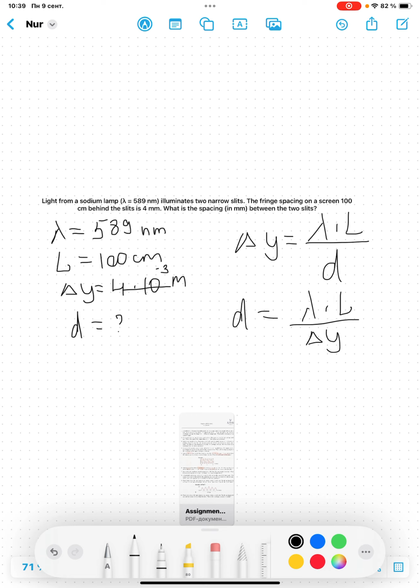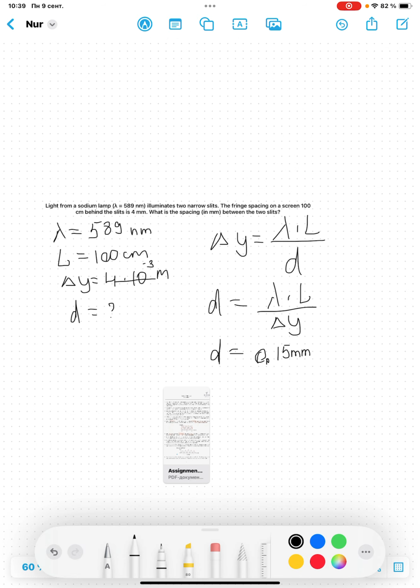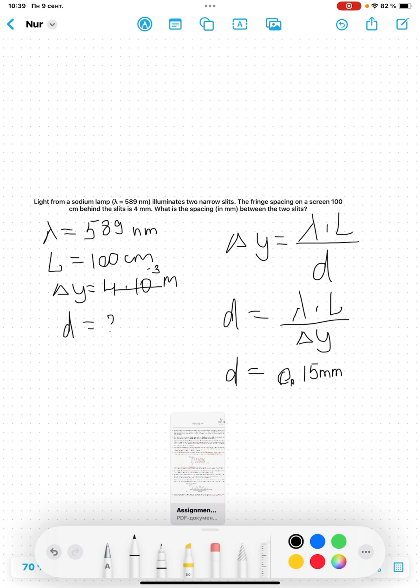As we already know delta y, L, and the wavelength, after putting in their amounts and calculating, we get the answer 0.15 millimeters. Okay, I think that is enough, and let's go to the next exercise here.